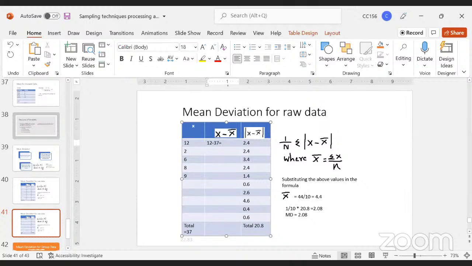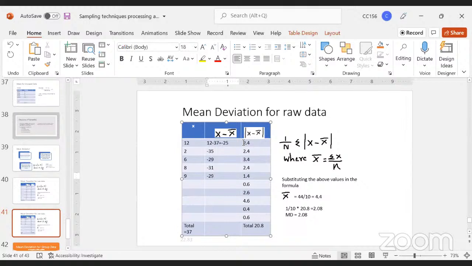It will come as a minus value, no problem, we are using modulus to convert it. 25. Next value, 2 minus 37. Next, 6 minus 37. Next, 8 minus 37. Next, 9 minus 37. So we've got x minus x bar.